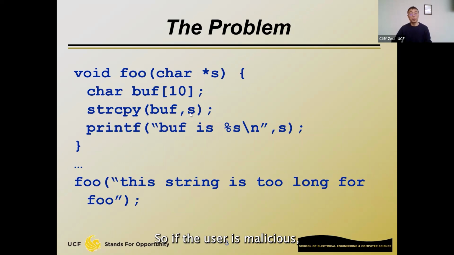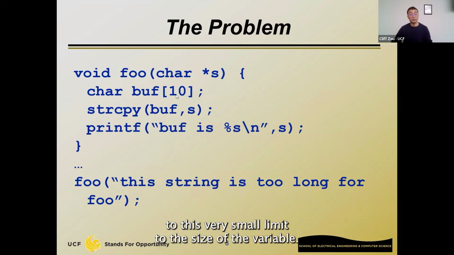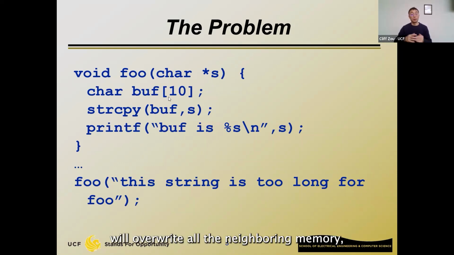So if the user is malicious, the user could input a very long string here. Then the string copy will copy that very long string into this very small, limited-size variable. Then this copying action will overwrite all the neighboring memory of this variable.